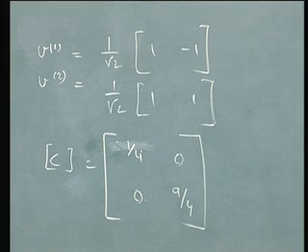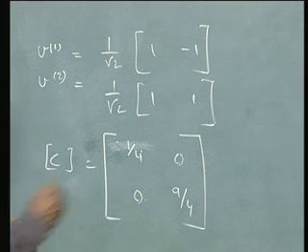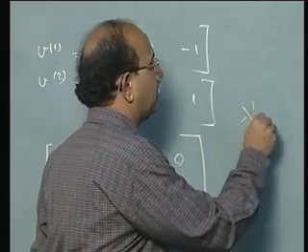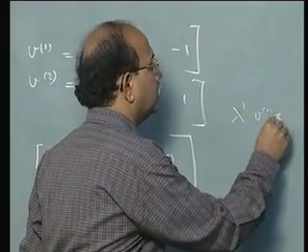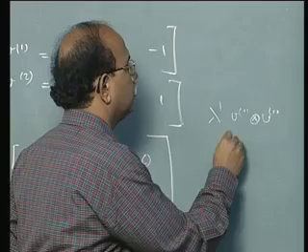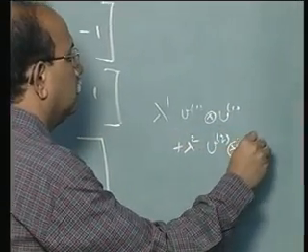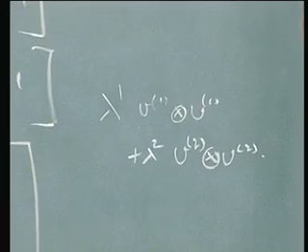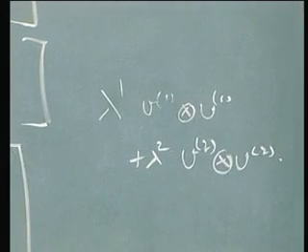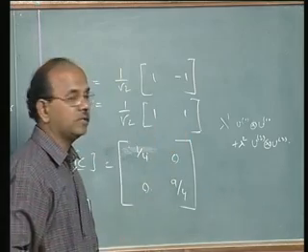And the corresponding, what do I mean by basis in this case? In spectral decomposition, remember that we had written lambda 1 V1 V1 plus lambda 2 V2 V2. So the basis here are the eigenvectors, correct?